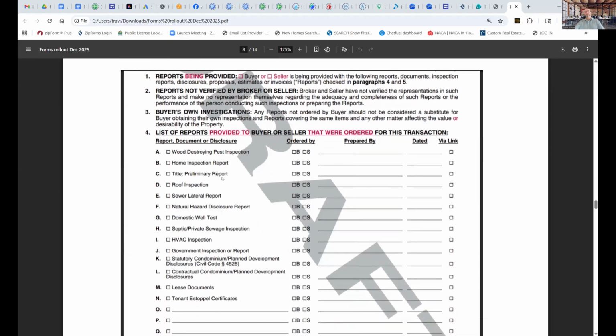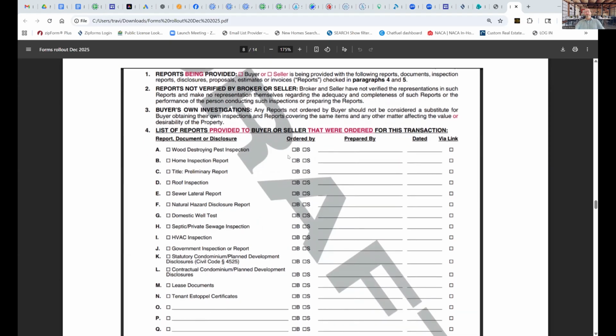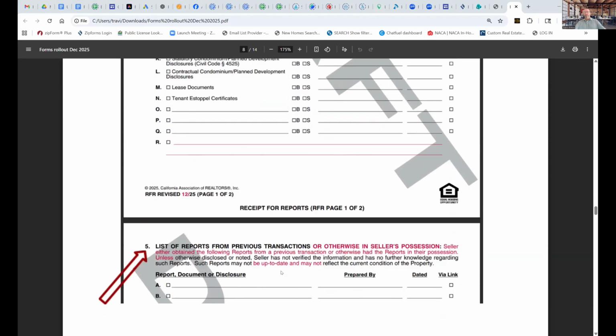So if you ordered these, who's it ordered by, buyer or seller? Who were they prepared by, and when was the date, and was it delivered via link? You'll check these off, and then obviously they're going to sign and state, yes, I am acknowledging that I received these. Whether they agree to them or not doesn't matter. They're acknowledging that they received these lists of reports.